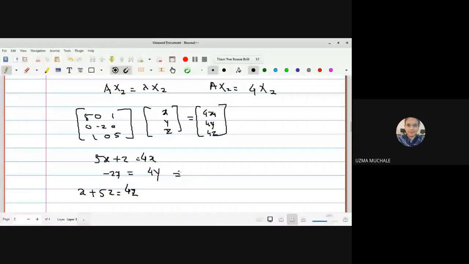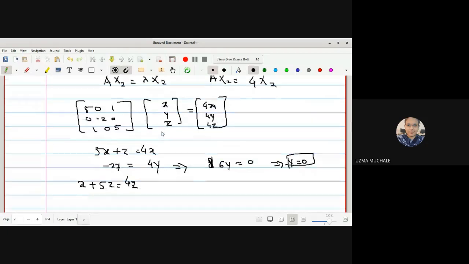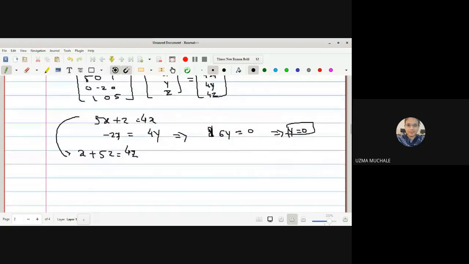From the second equation we get 6y is equal to 0, which means that as 6 is non-zero, y is equal to 0. Again, we have to solve these two equations.